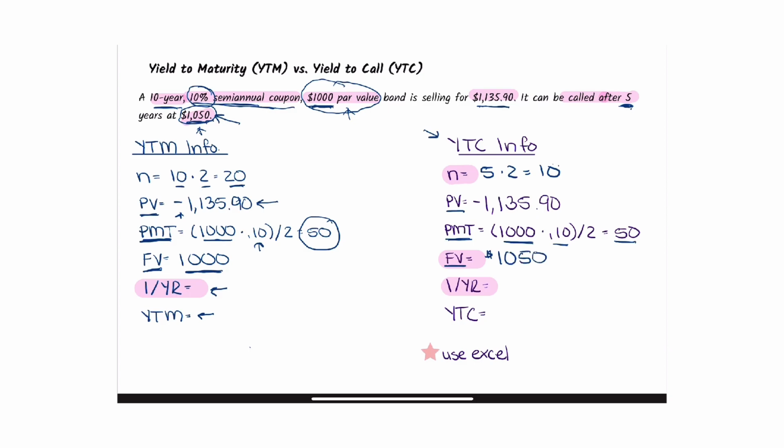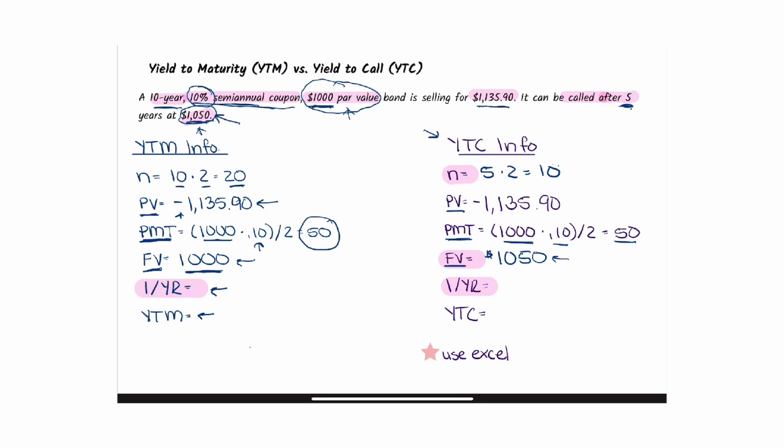Okay, so if it's held until maturity, we get the $1,000, the par value. If it is not held to maturity, if it's called after 5 years, we're going to get $1,050. That sort of compensates for the risk that you take for it being called early. So you get that extra $50.